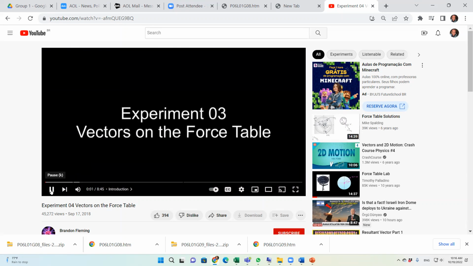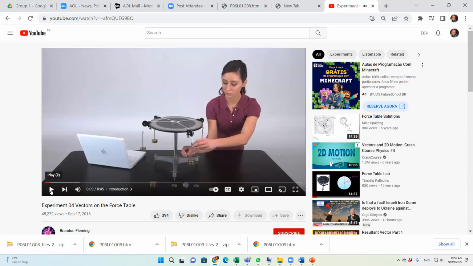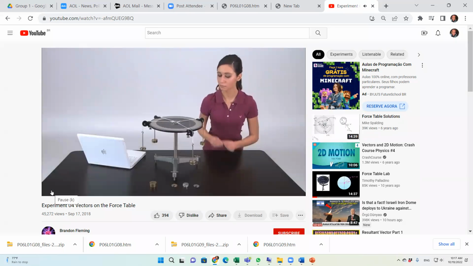She shows how the slotted masses are placed in this laboratory. See the slotted masses right in here? They're designed in such a way as to fit into this mass support. We have those there at the college. You will investigate the addition of force vectors.